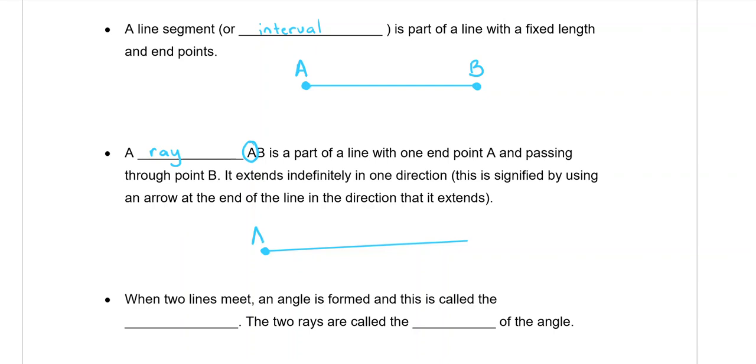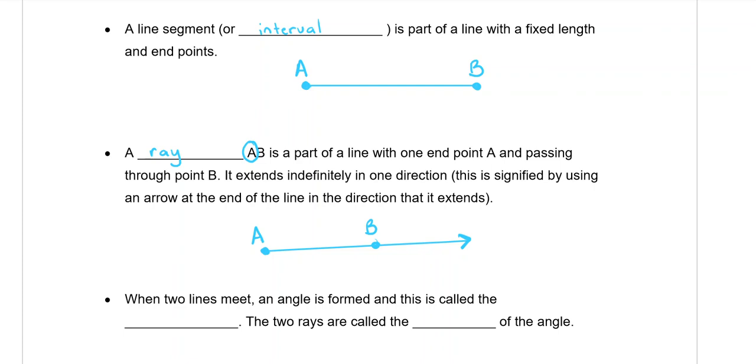So this one's going to start at A and the ray is going to shine through a second point, which is going to be the B, and extend indefinitely, which means we put an arrow on the end of it. So the order that you write those letters in is important. Ray AB means we're starting at A, shining our light or our ray through the point B and heading off indefinitely in that direction.